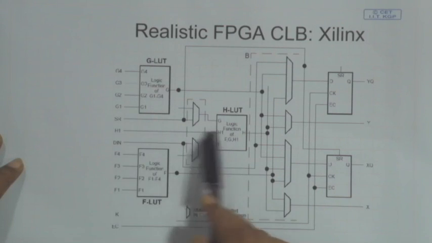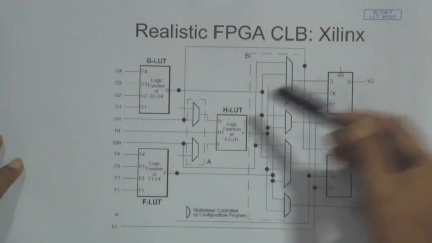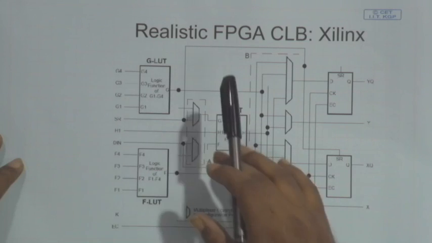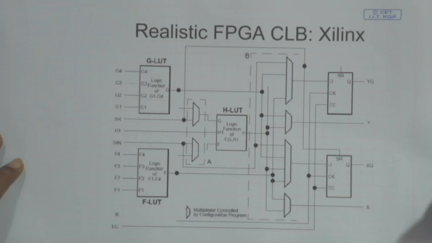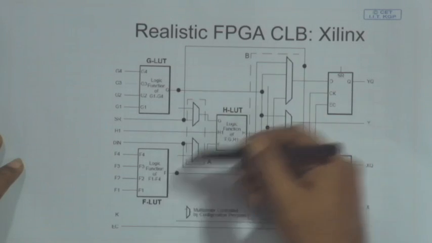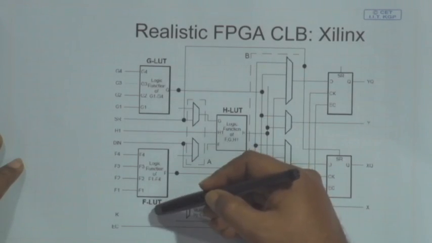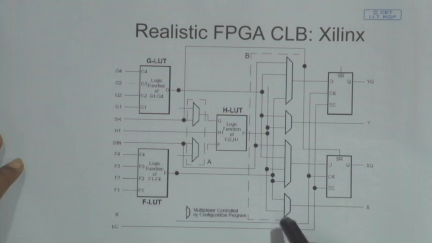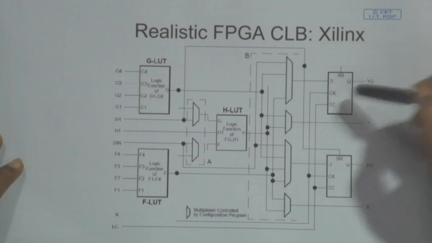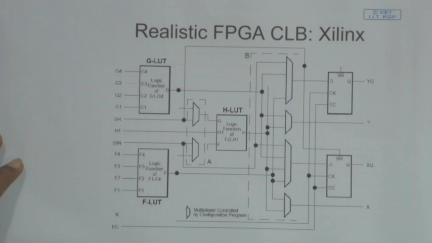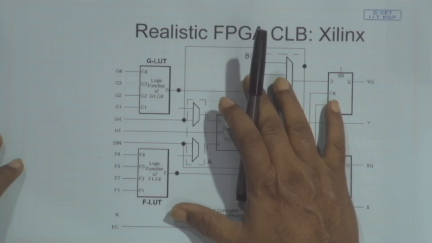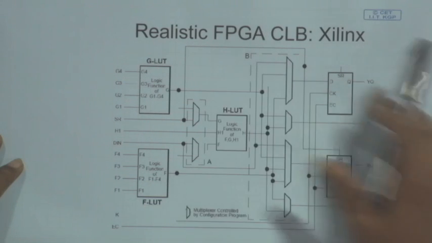From experience they have decided that I will have the facility of implementing logic functions in a much more efficient way. If I have got 3 lookup tables, each with 4 inputs, I can use them, or I may not like to use them, along with a bunch of multiplexers and D flip flops. This is a relatively realistic situation of a CLB in an FPGA.